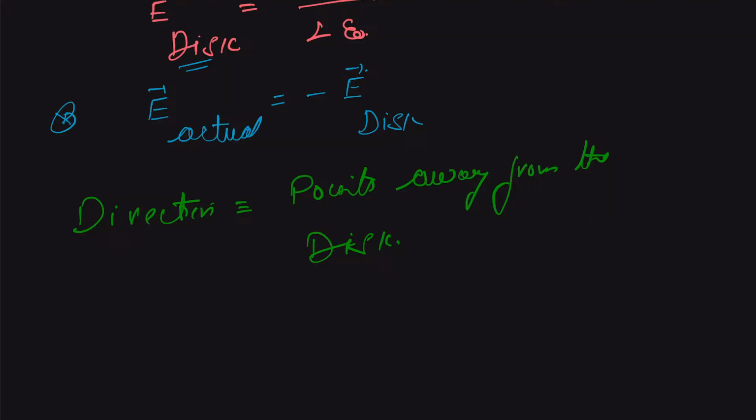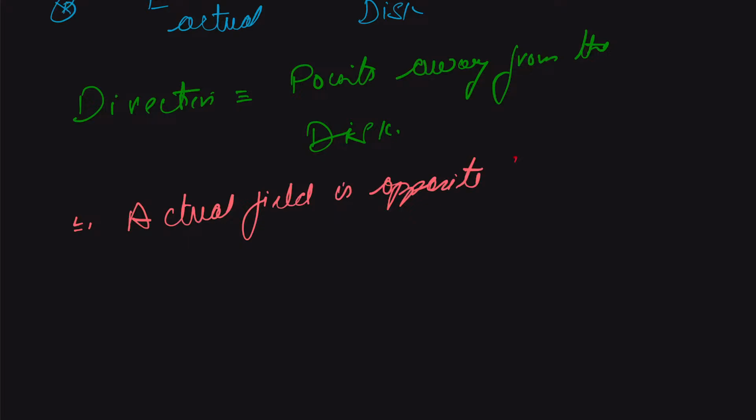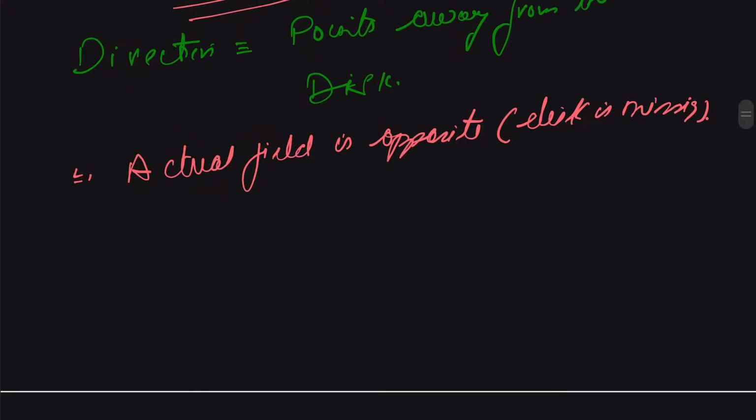And therefore we can write that the actual field is opposite, as the disk is missing, which we have already written here. So the actual electric field will be equal to the negative of our electric field due to the disk.